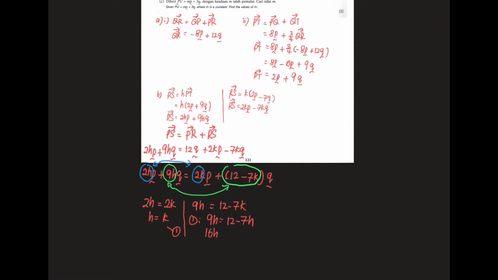Then 16H equal to 12. H equal to 12 over 16. Then you get 3 over 4. So we get the H. And then since H and K are the same value, we should expect the K should be 3 over 4 as well. So we get the values of H and K.